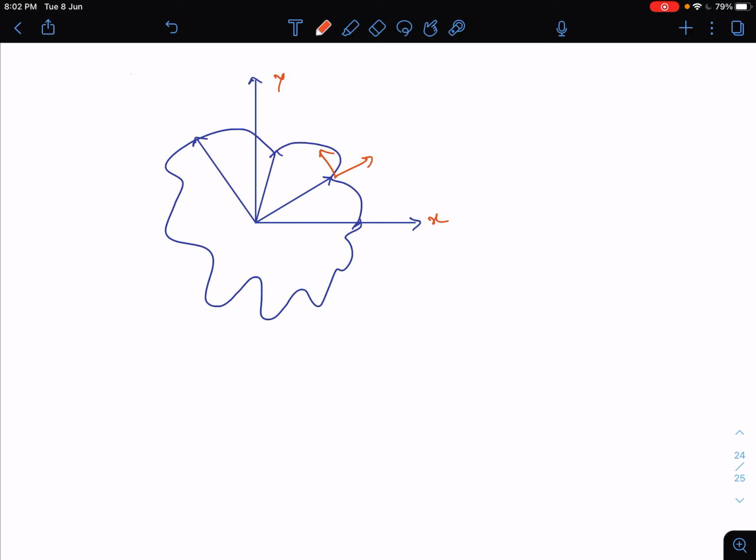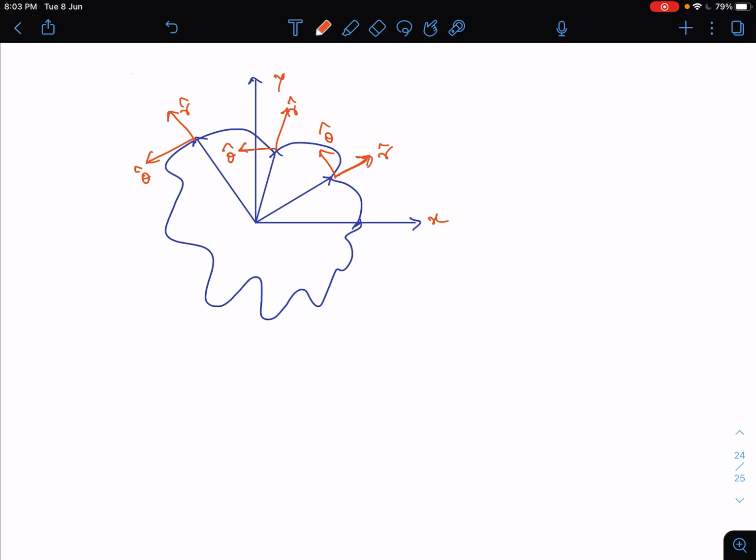Then there are r cap and theta cap, and here also this is the direction of r cap and theta cap, and here this is the direction of r cap, sorry, theta cap. So every time, those r cap and theta cap vectors are changing, since their direction is changing.